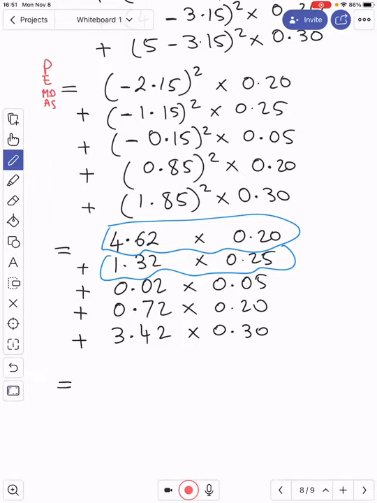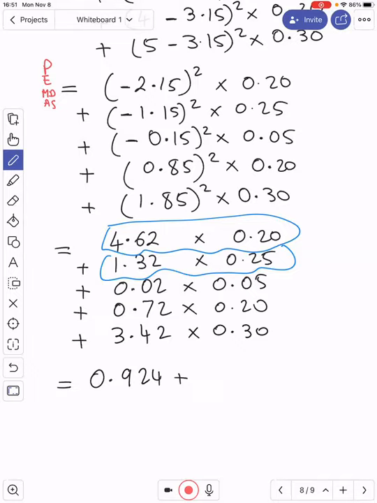Anyway, you multiply this 4.62 by the 0.20, so this is equal to 0.924, plus etc.